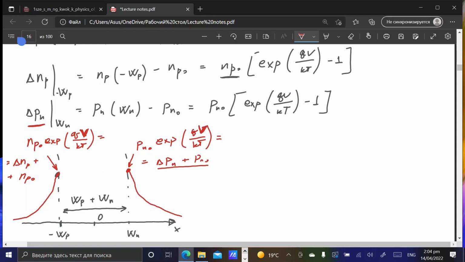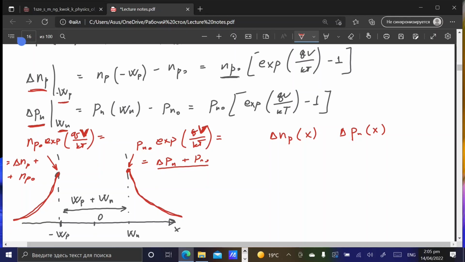And now the next step, we need to understand what will be this profile here and here for excessive non-equilibrium charge carriers, which are delta Np as a function of x, and delta Pn as a function of x. So we determined them right at the edges, the interfaces between depletion and neutral region, so it's kind of a boundary condition which we will use.